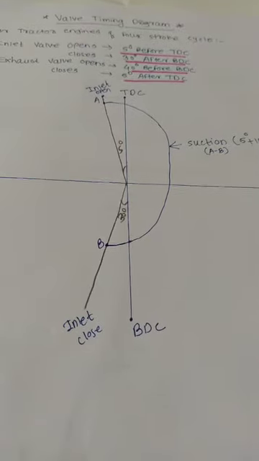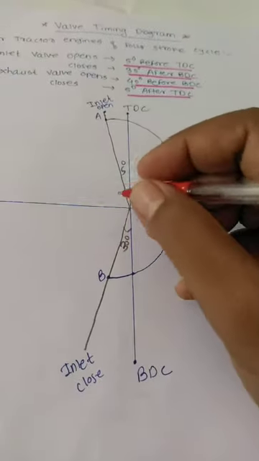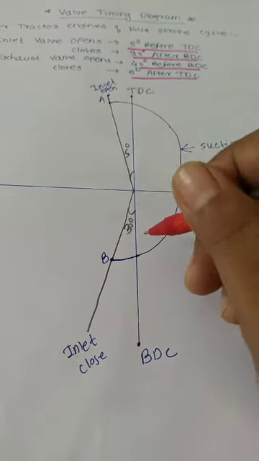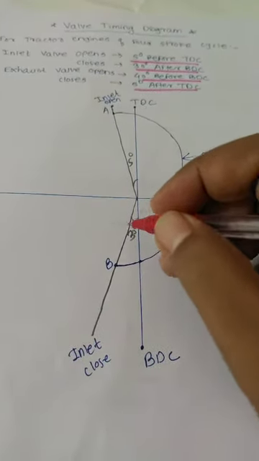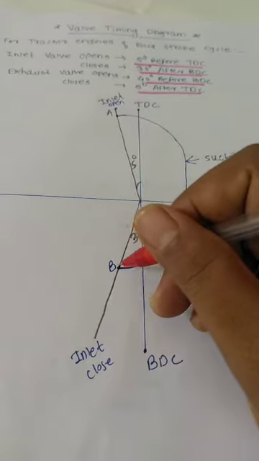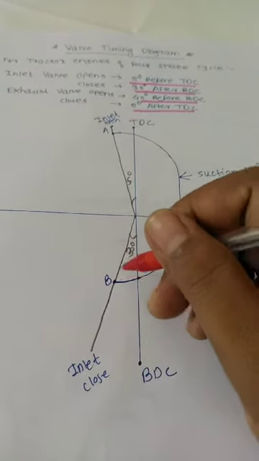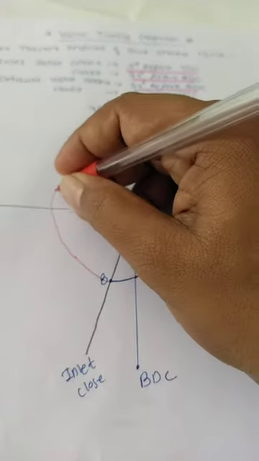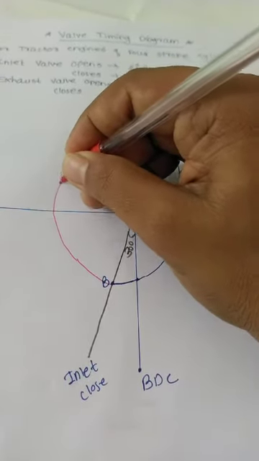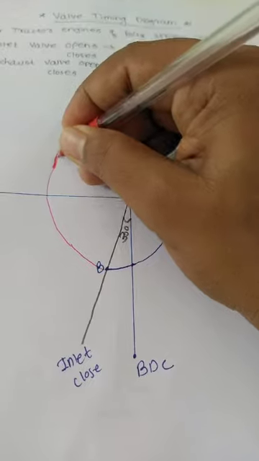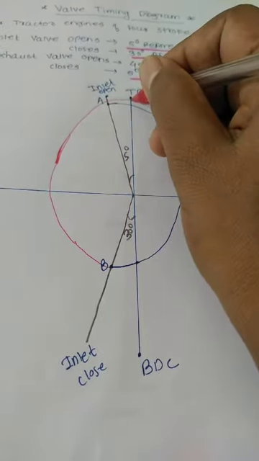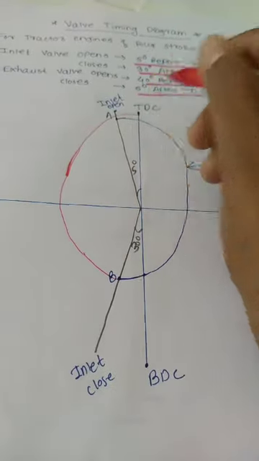Then the next stroke is the compression stroke. This compression stroke should start at BDC, but the inlet valve closes 30 degree after BDC, so the compression stroke will start from this point and end at the exact position of TDC.